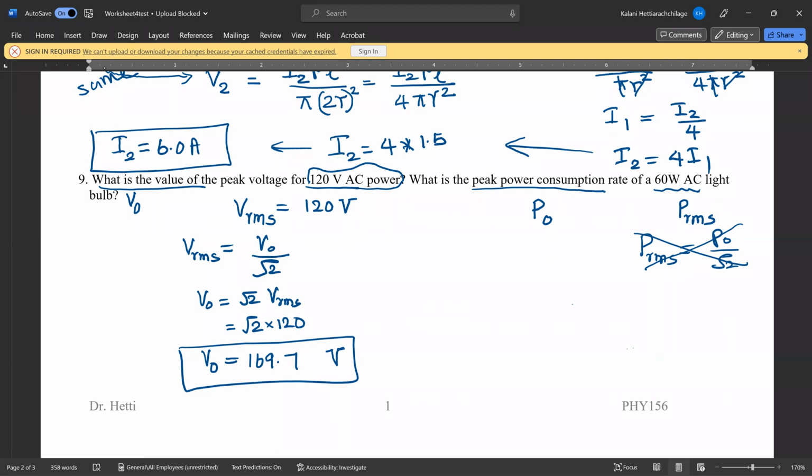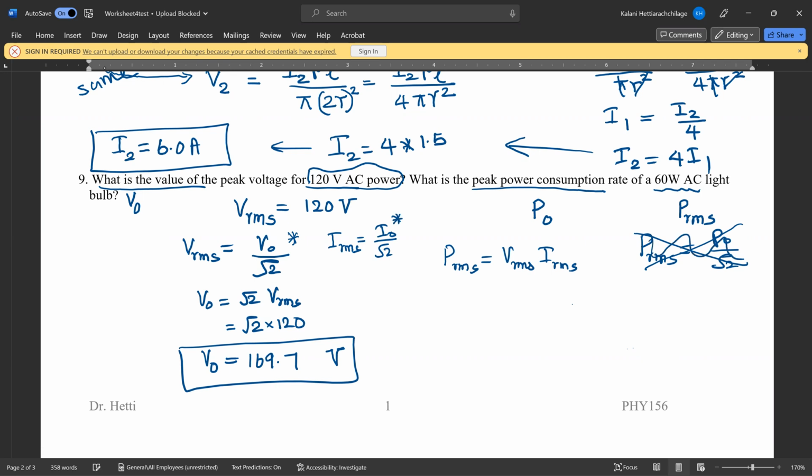So you know that you can write PRMS by using VRMS and IRMS, right? So this formula I write in here will work for the current and the voltage. That means if I want to write for the current, RMS of the current will be able to write I naught over root 2. So now these two formulas valid, but this is not.